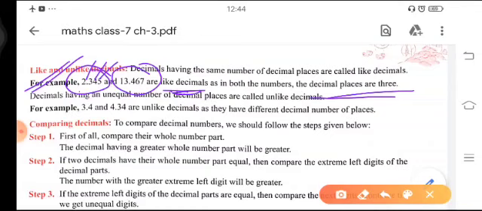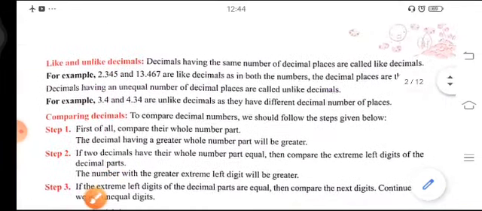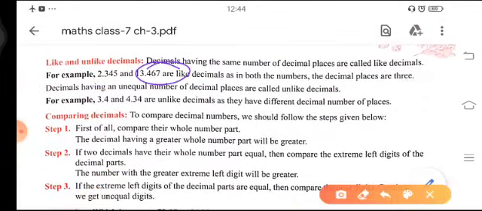Similarly, in the next number there are also 3 decimal places. So if decimal numbers have the same number of decimal places, they are known as like decimals. And if decimal places are unequal in number, they are unlike decimals.